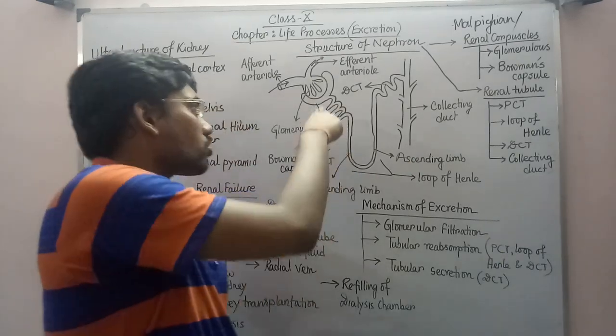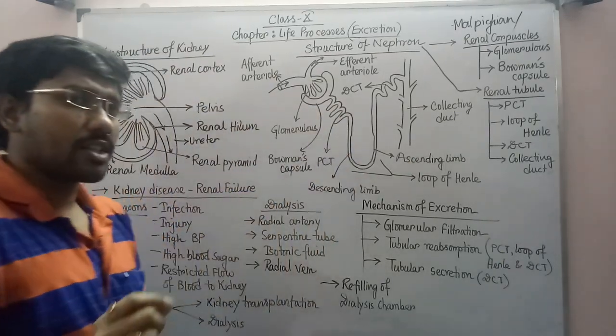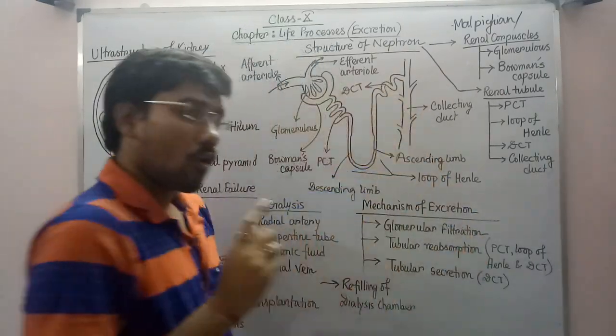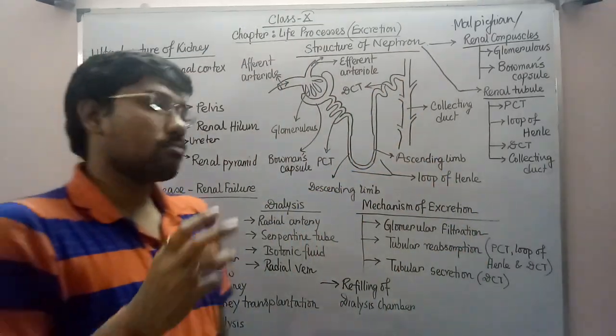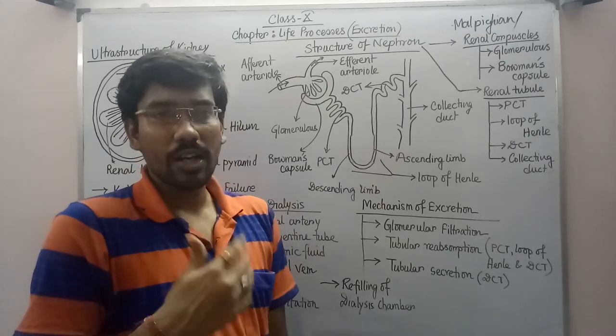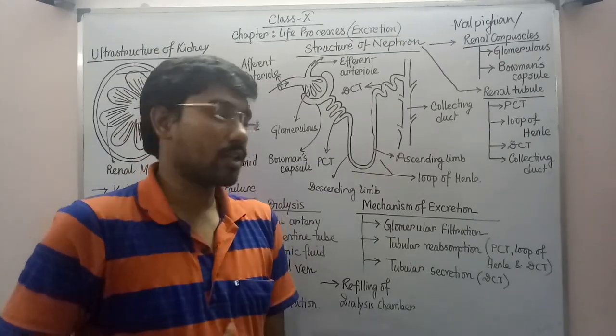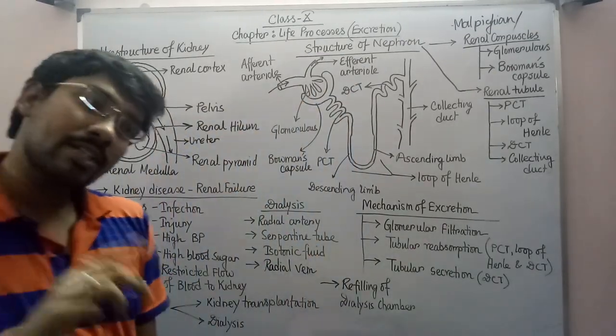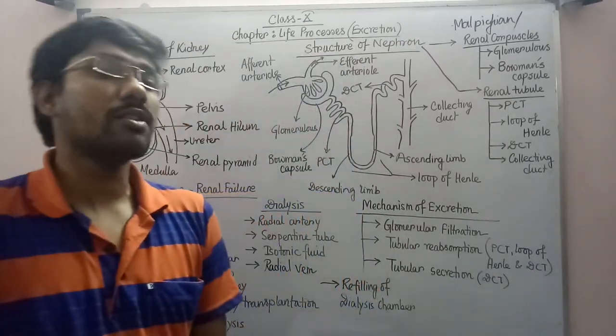Because throughout the entire pathway you have seen the concentration of the urine increase, but when it moves upward through the ascending limb, obviously you can see the concentration of the urine gradually reducing again.